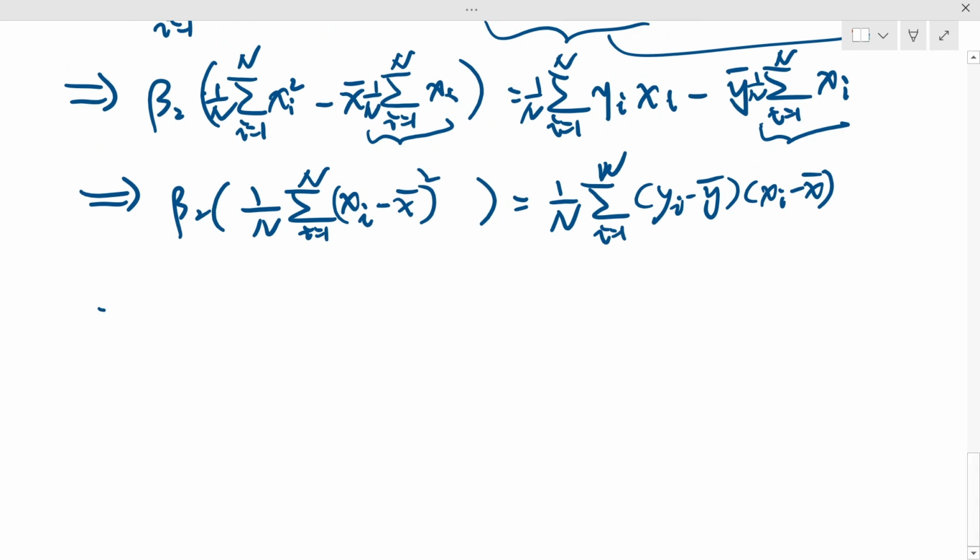So now we can divide both sides by these terms, and this is where we need the xi to have variation. If xi does not have variation, that means xi is equal to x bar. Then these terms will become 0, and we cannot divide both sides by 0. Right? So beta 2 is equal to 1 over n.